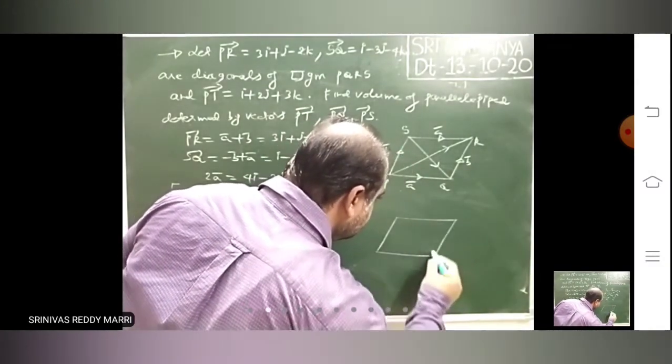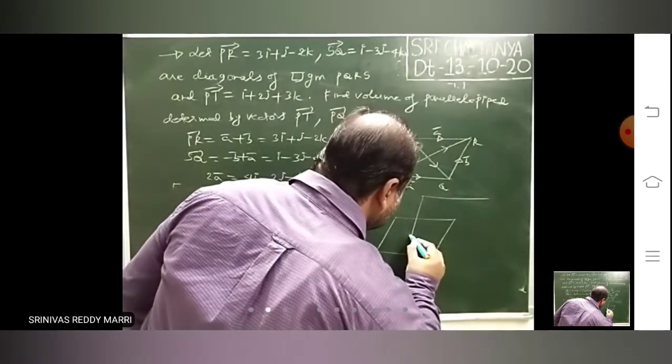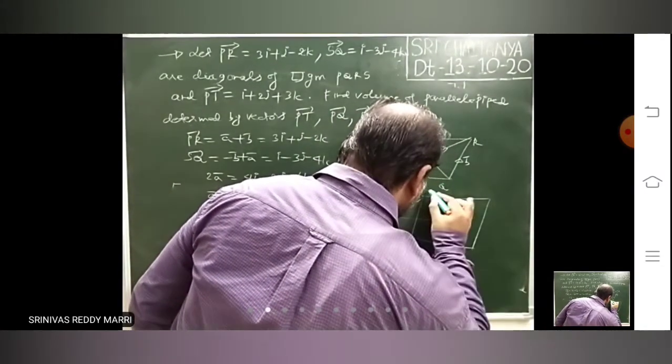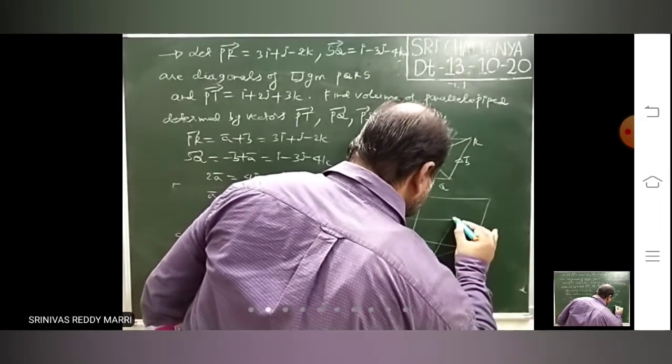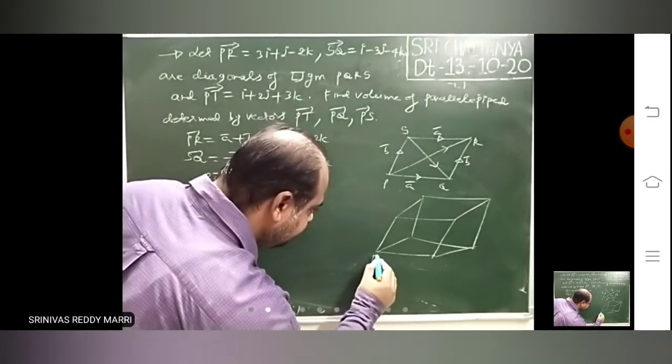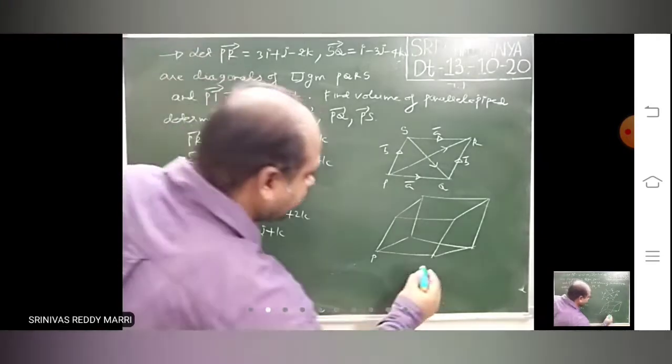Parallelepiped is there, formed by those three vectors. This is, let us say, PQ bar.